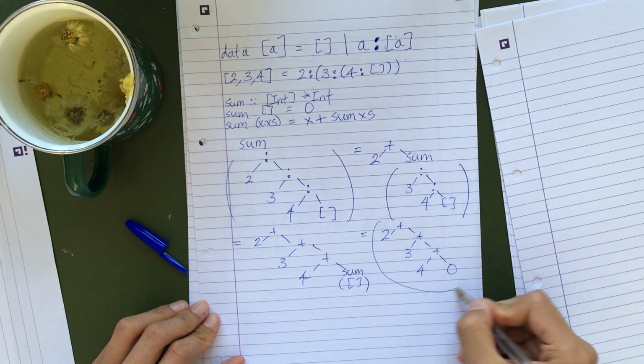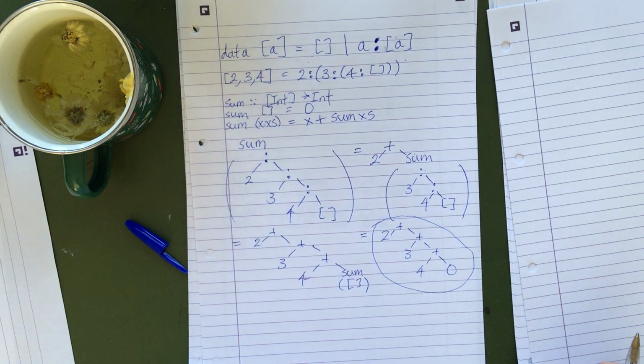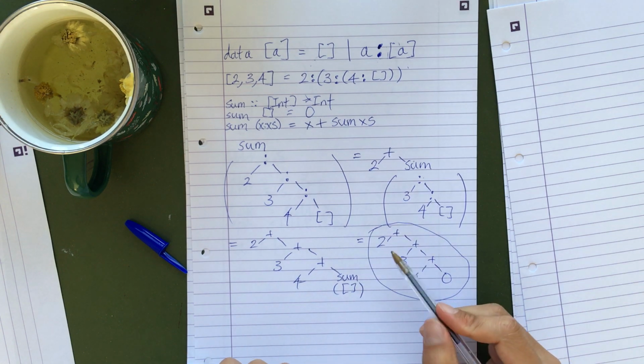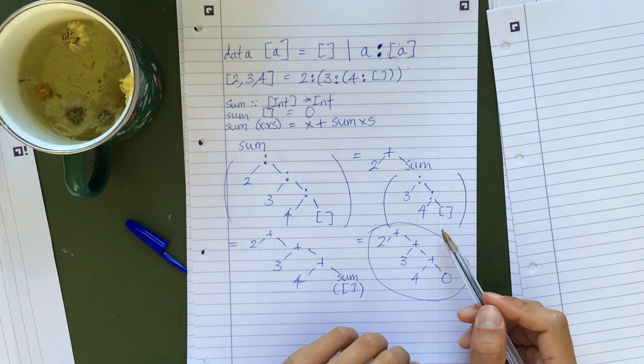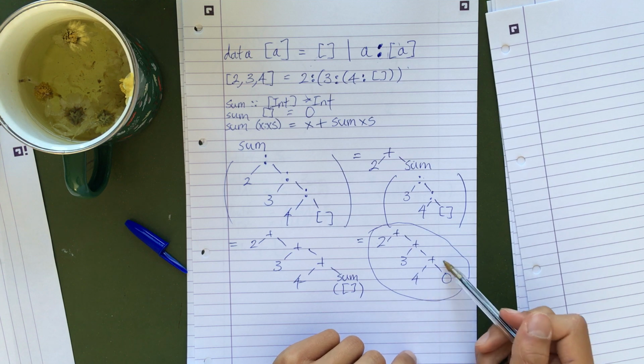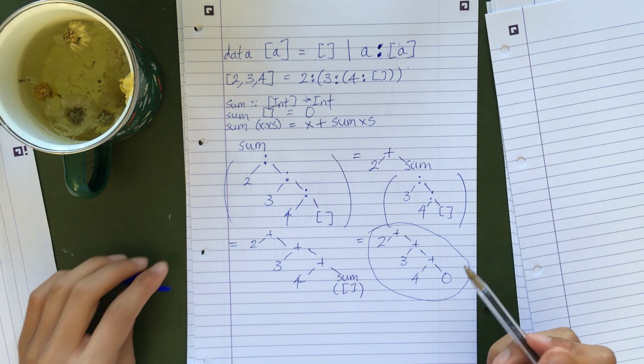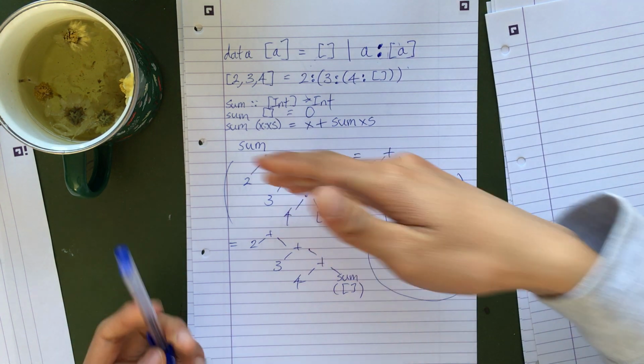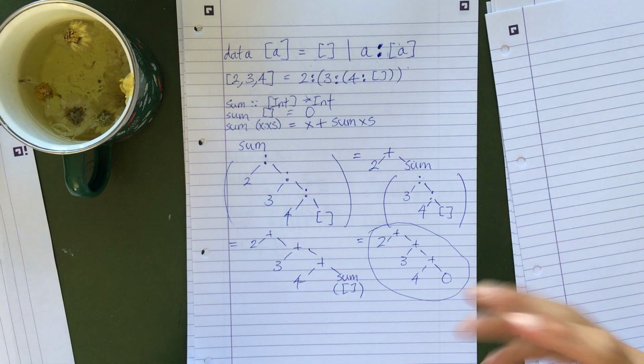Okay, so that's our answer. And it makes sense. The sum of the list 2, 3, 4 is 2 plus 3 plus 4 plus 0. Nice. And you can see that we're always replacing the conses with pluses.